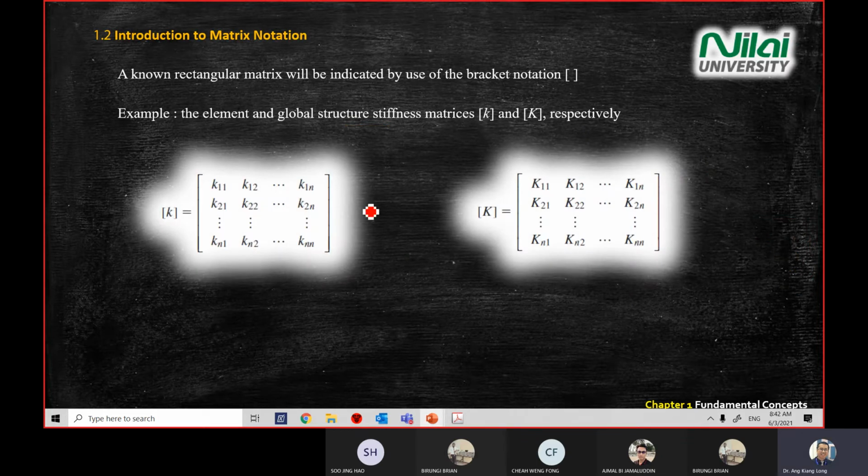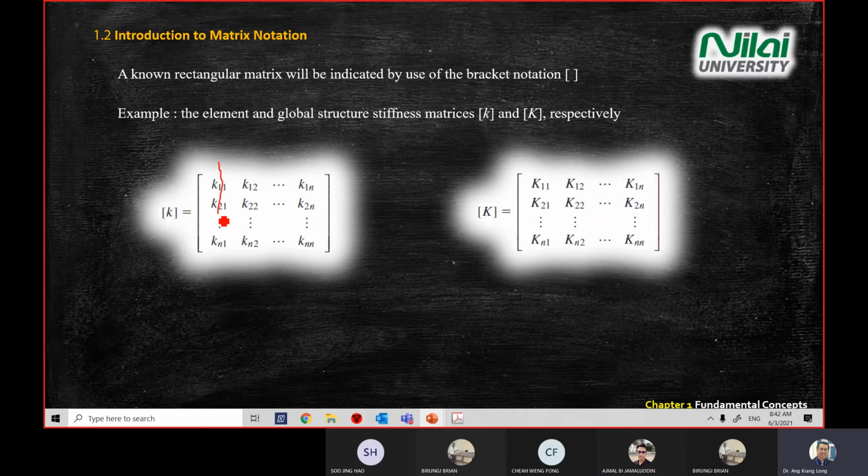These are the matrices you will deal with when you study FEM. On the left-hand side you see a small k, and then the notation here, K11, indicates a location in the matrix. K11 means row 1, column 1.